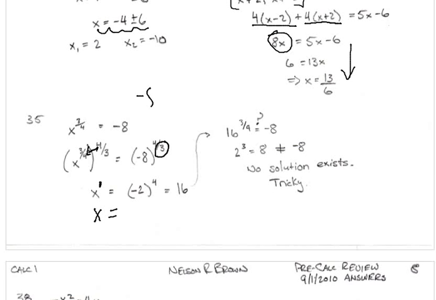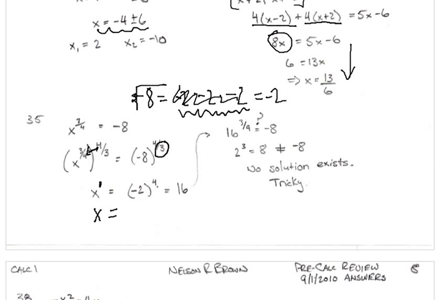Negative 8 is equal to negative 2 times negative 2 times negative 2, so that is my cube root of negative 8, which is equal to negative 2.